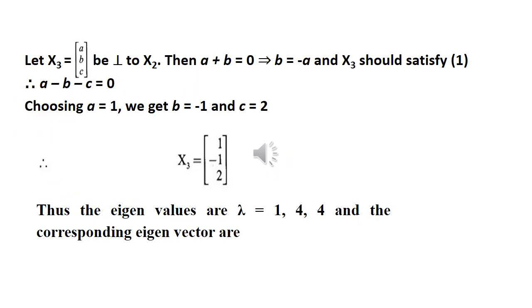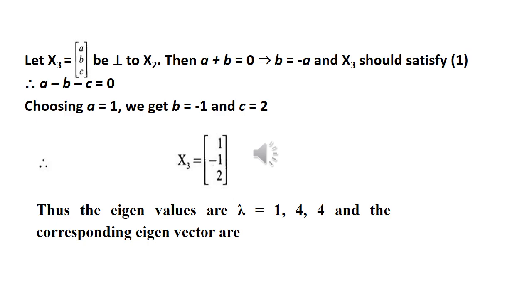Now we have to find the eigenvector x3. Suppose we let x3 equal to a, b, c, which is orthogonal to x2. Then x2 transpose x3 equal to 0.